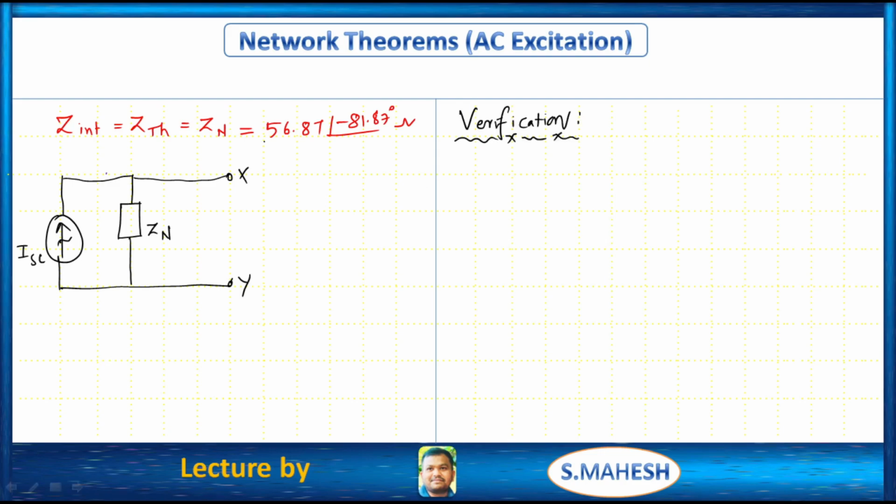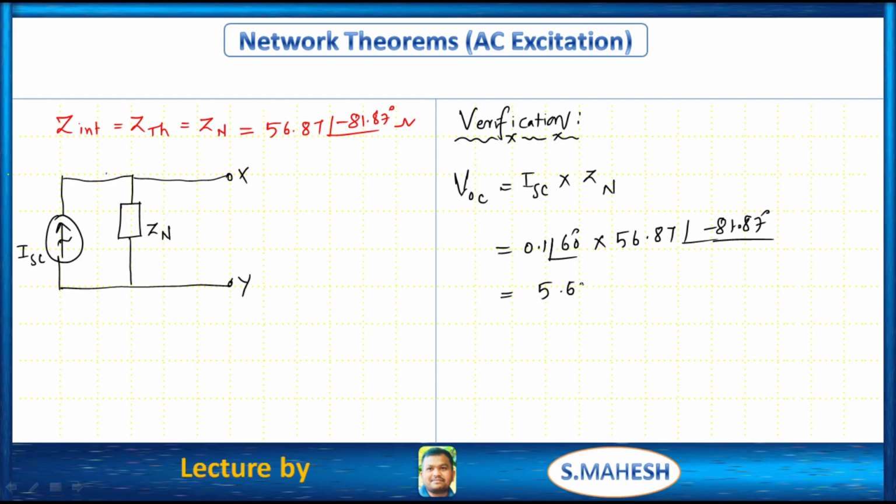Verification. We all know that VOC is equal to ISC into Zn, right? What is the value of ISC? We got 0.1 at an angle 60 degrees, into Zn, which is 56.87 at an angle minus 81.87, right? So which is equal to 5.68 at an angle minus 21.87 volts.